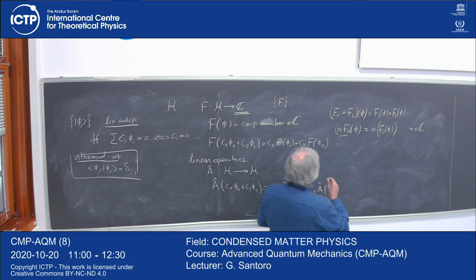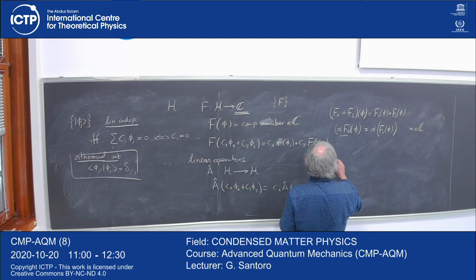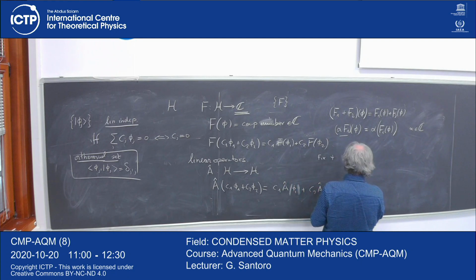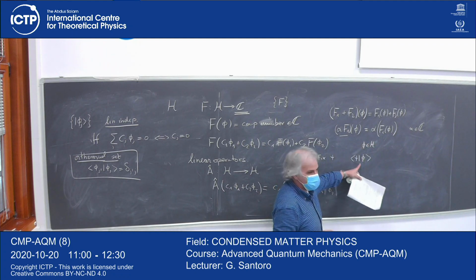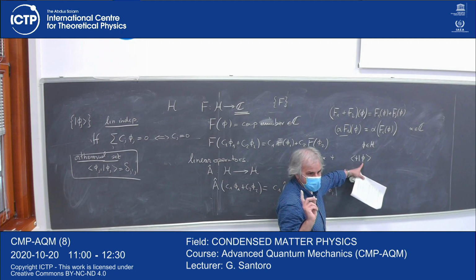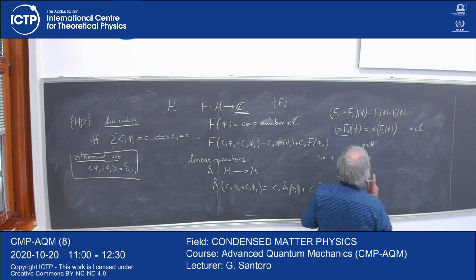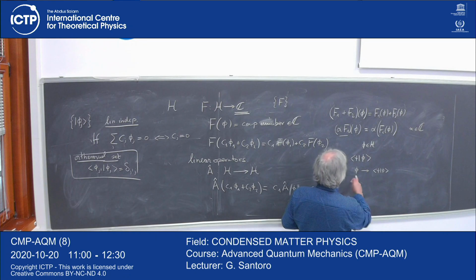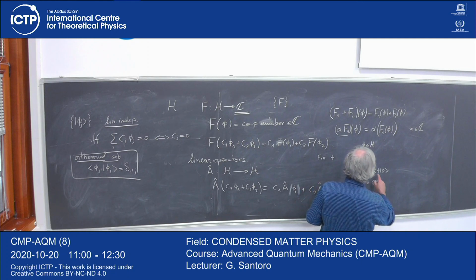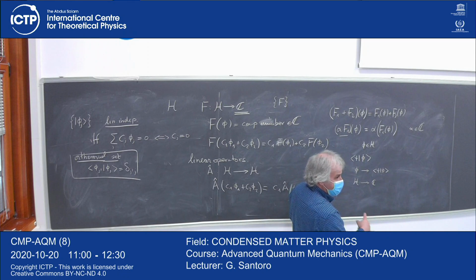An example of a functional. Okay? You fix some psi and you consider the scalar product psi phi when phi belongs to the Hilbert space. This object provides to you a complex number. Remember, property A of the scalar product. Okay? So in some sense, the map phi going to psi phi is a map that sends an element in the Hilbert space into a complex number, and it does so in a linear fashion.